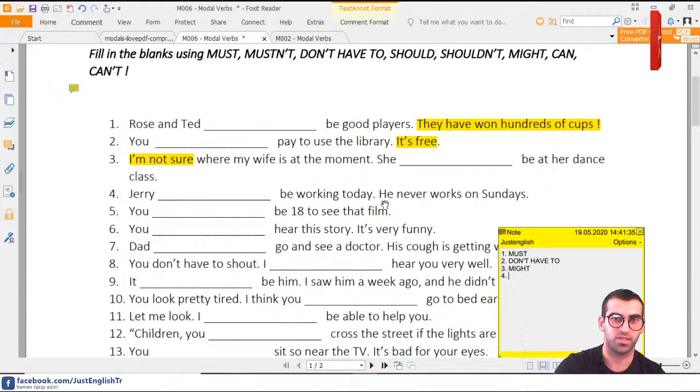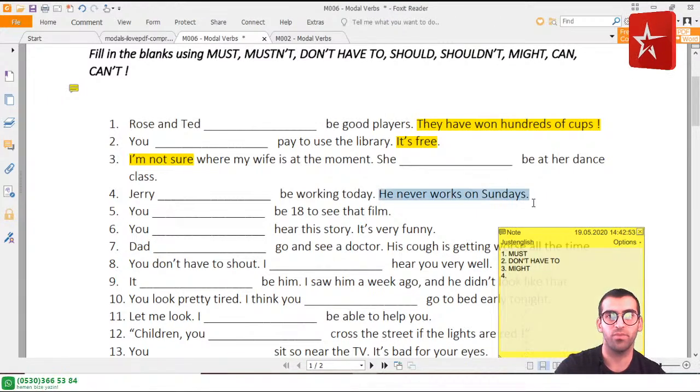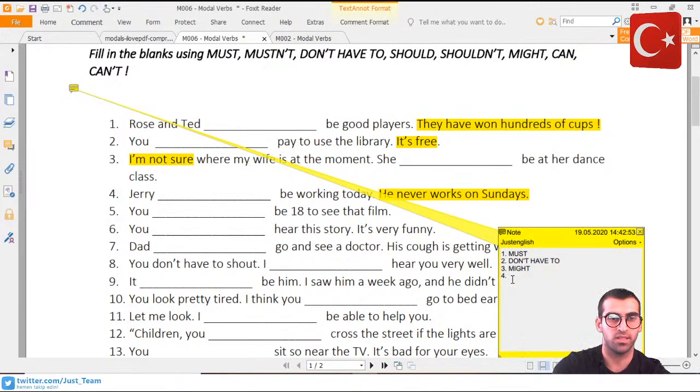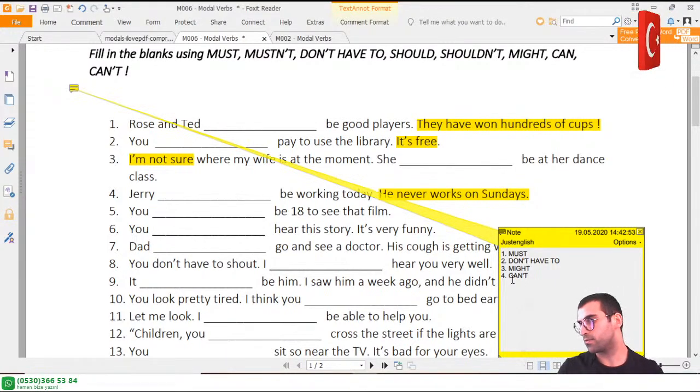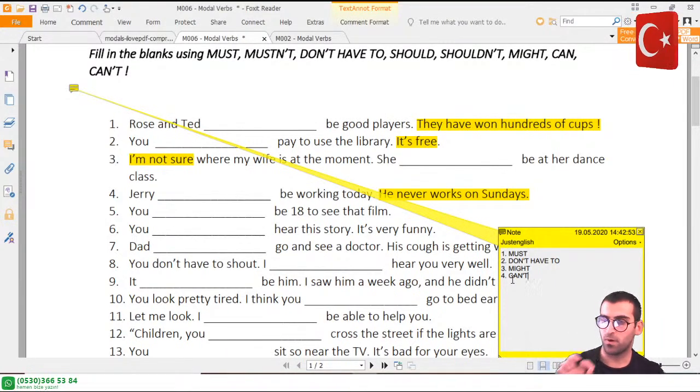I am sure something is not true. That's why we use can't. Yes, Jerry can't be working today. He never works on Sundays. Can't is a correct answer for number 4.